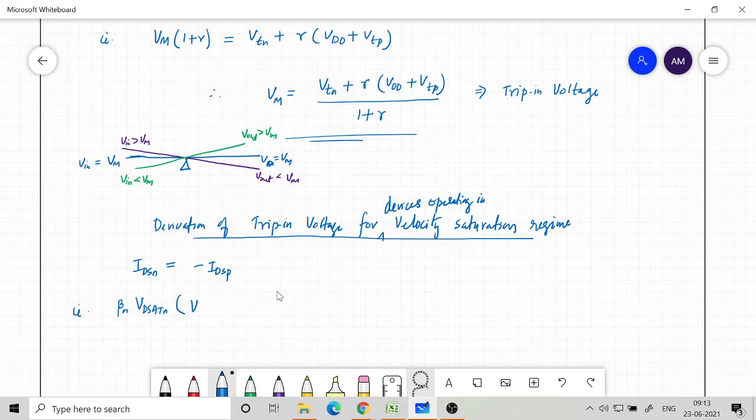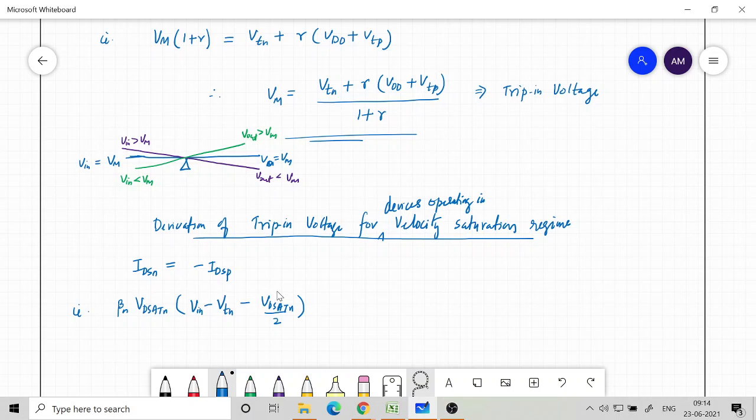Now VGS is basically V in, minus VTN minus VD sat n by 2. So this is the NMOS current.